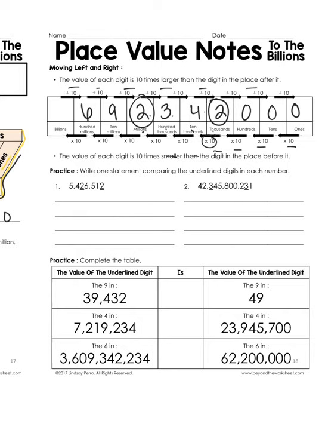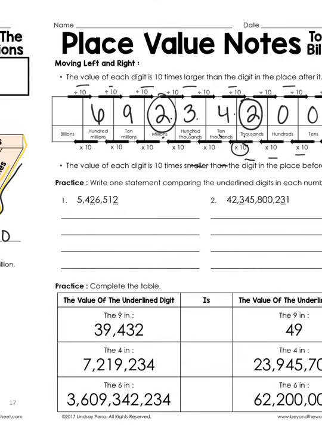Okay, so same thing here. For number 1, I have a 2 in my ones place and a 2 in my 10,000s place.